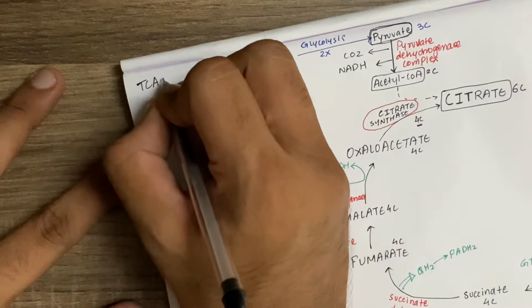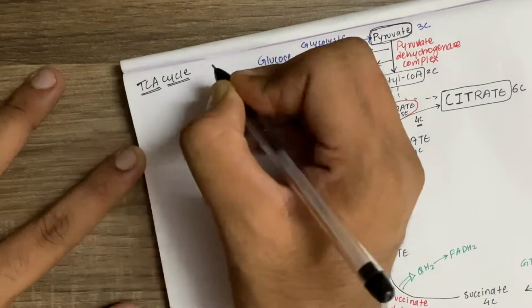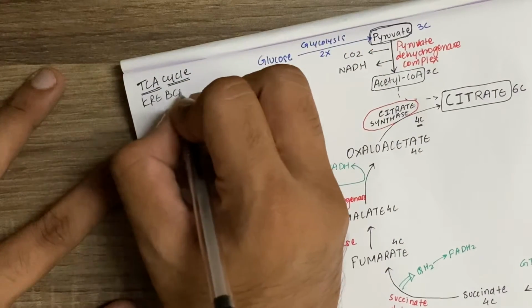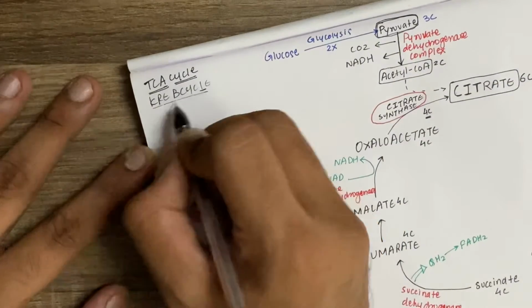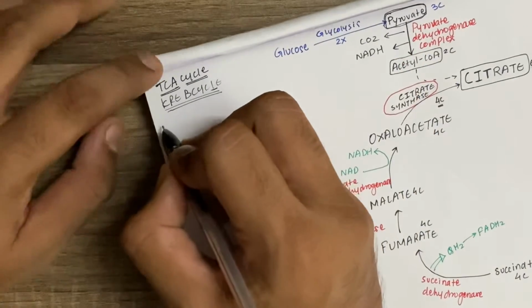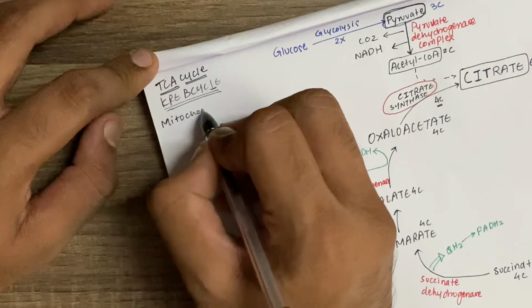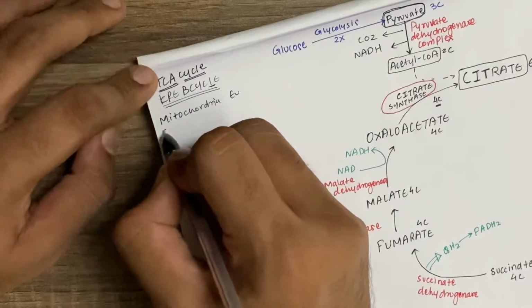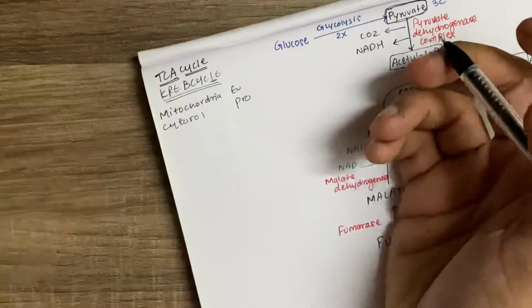We'll be talking about the TCA cycle, which is also called the Krebs cycle. It happens in the mitochondria of eukaryotes and the cytosol of prokaryotes.